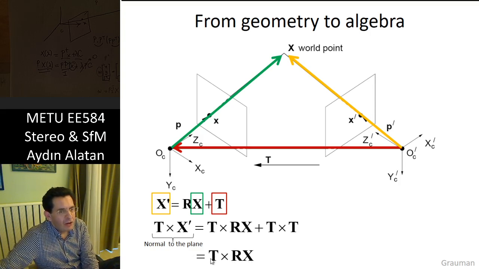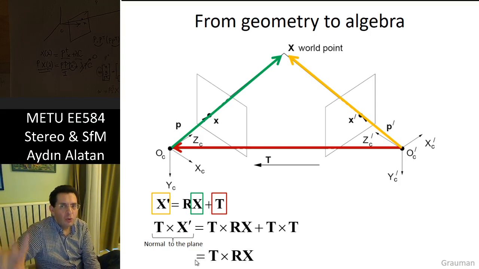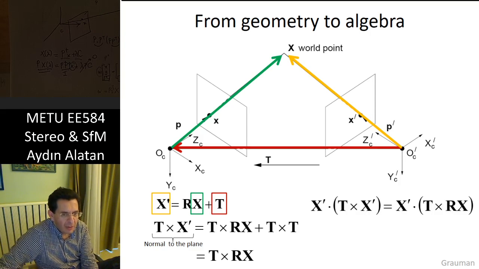Now, I learned one thing at this point. This is giving us something outside the display, and which is in terms of T and R, two terms of the transformation posed between two cameras.